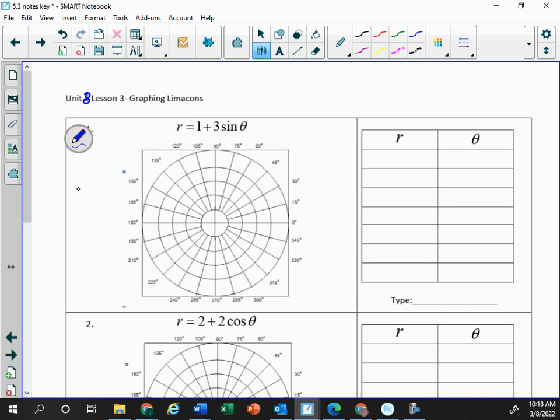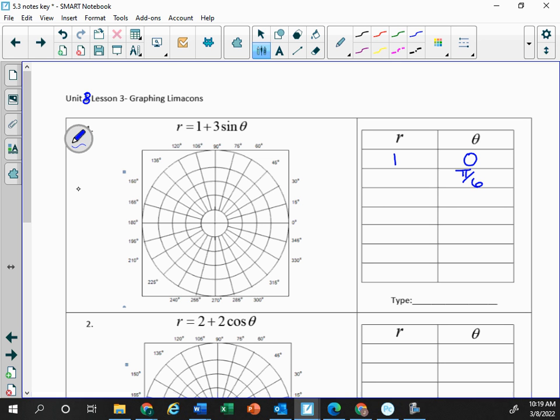So I will start by plugging in a 0 for my theta. So what is the sine of 0? 0. So what is r going to equal here? 1. Okay, let's fill in our chart and then we'll plot all the points at once. For pi over 6, any of the over 6s are good to plug in, because what is the sine of pi over 6? 1/2.